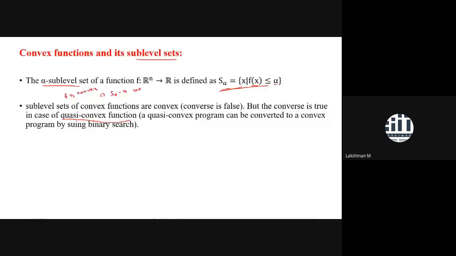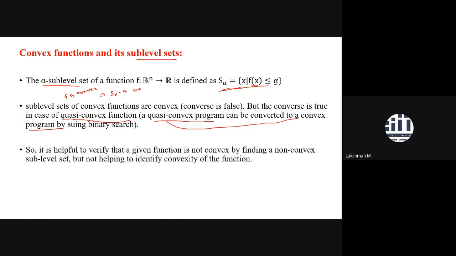There is an algorithm using binary search by which you can convert a quasi-convex optimization problem into a convex optimization problem. But you need a little extra: you need to know a lot about quasi-convexity, and then convert that quasi-convex program into a convex program using binary search.